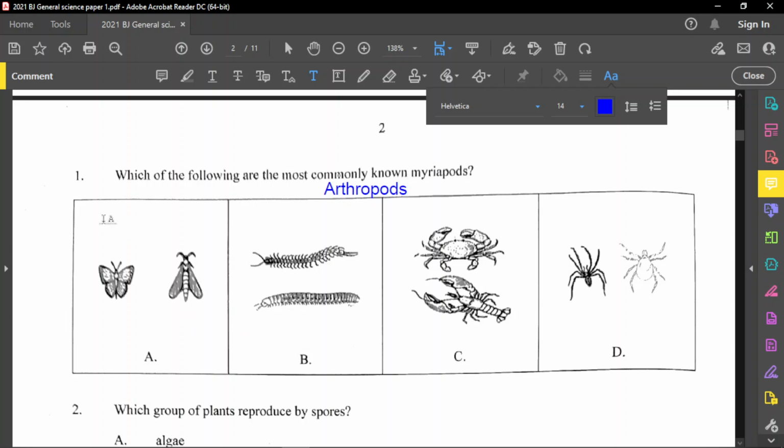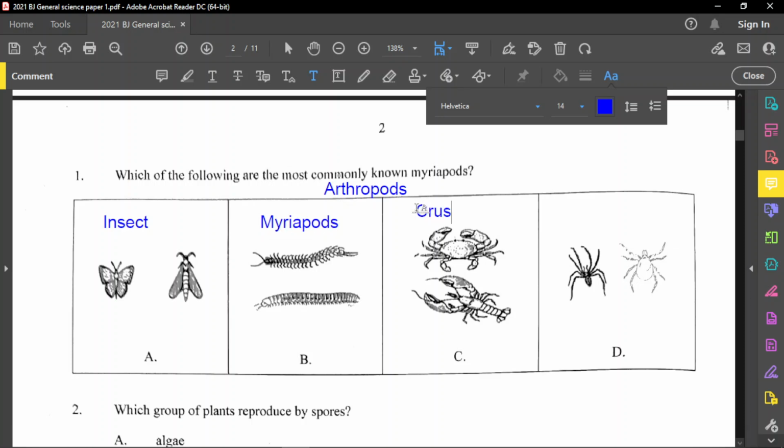However, the butterflies belong to the insect class. So these are the classes of arthropods. And so the centipedes and millipedes belong to the myriapods, and that will actually be your answer, myriapods. Then crabs, crayfish, lobster, they belong to the group called the crustaceans.